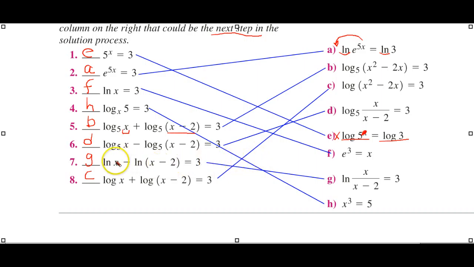Now in letter G, they are dealing with natural logs. So instead of using log, we use the natural log symbol, and it's a similar process. And then our last one, letter H, this would be multiplication. So x times x equals 3, up here c.